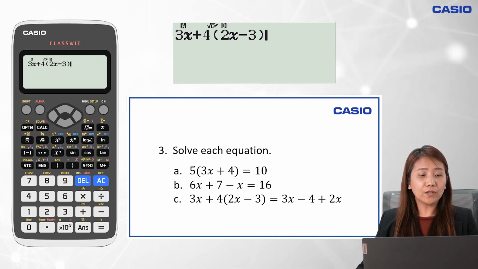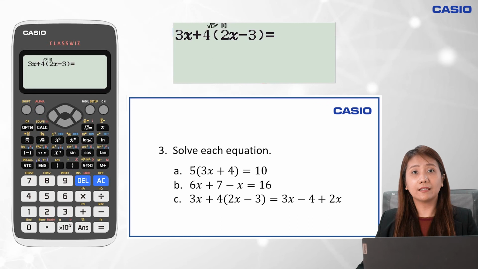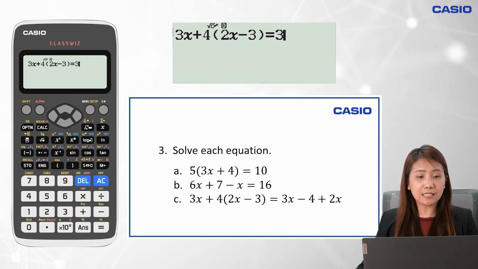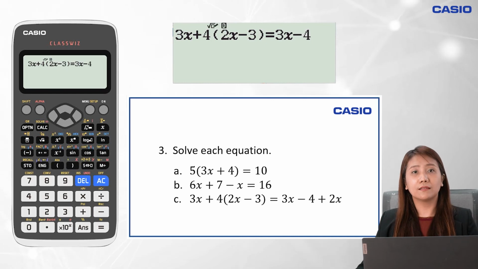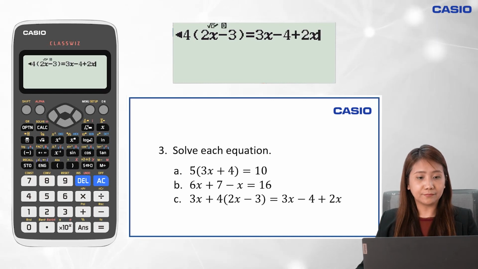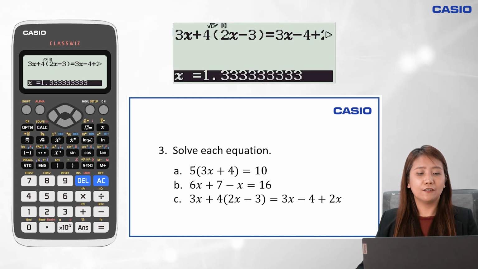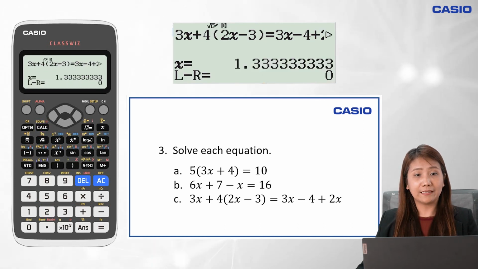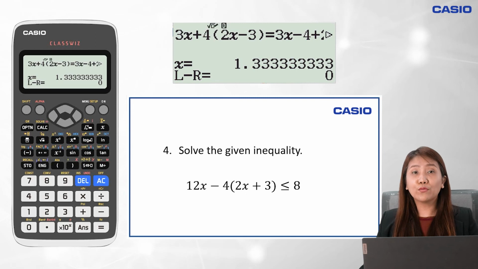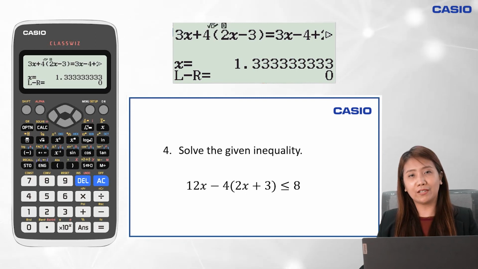We click on alpha calc for the equal sign, and we input the second side of the equation, which is 3x minus 4 plus 2x. Then we click on shift calc, followed by the equal sign, and that would give us a value of approximately 1.33.